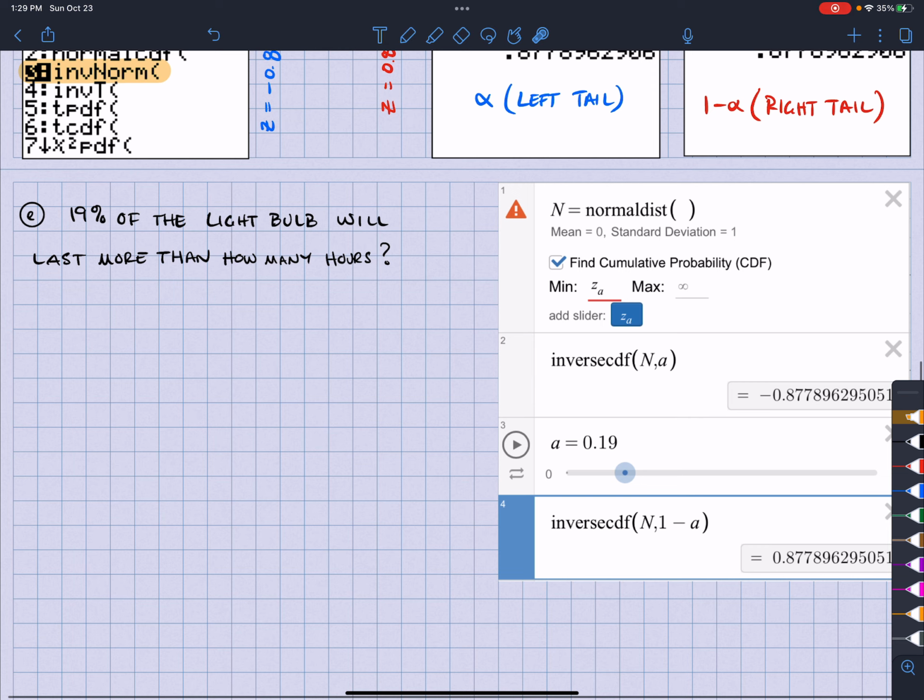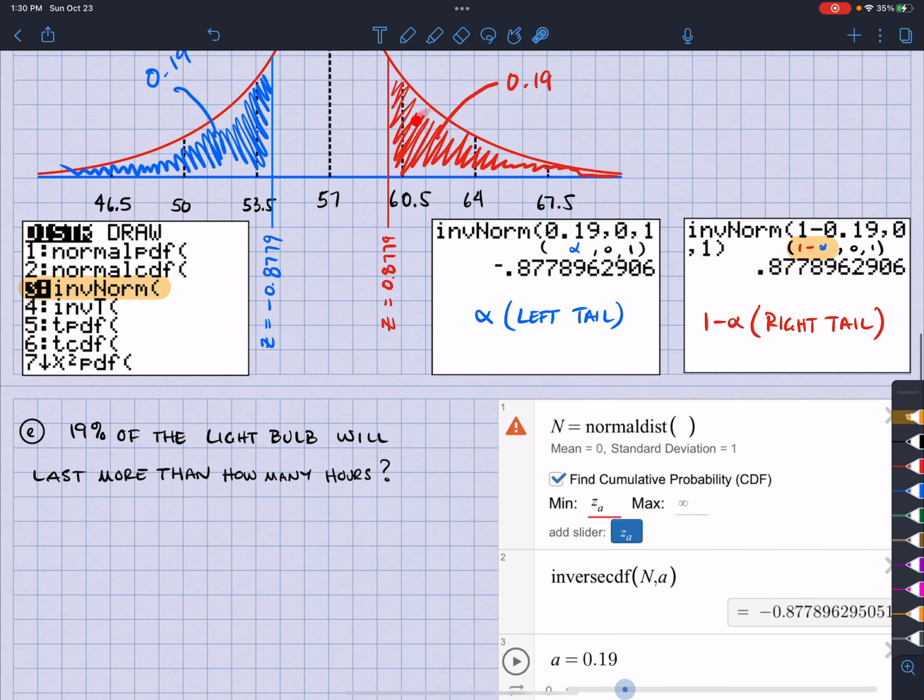Now, if you look at the next question, it says 19% of the bulbs will last more than how many hours? So I want this to be my 19%, and I want more than how many hours. Since I now have the z-score, I want to know if I unnormalize it, where would I be?